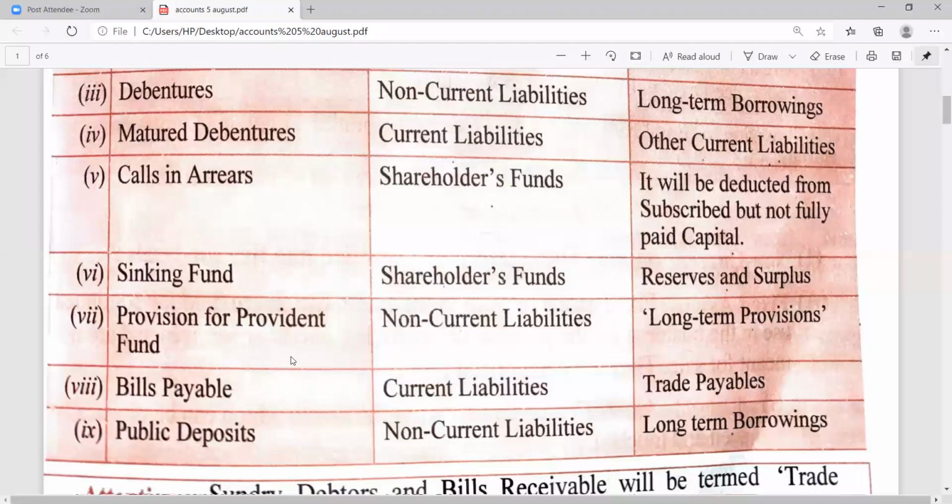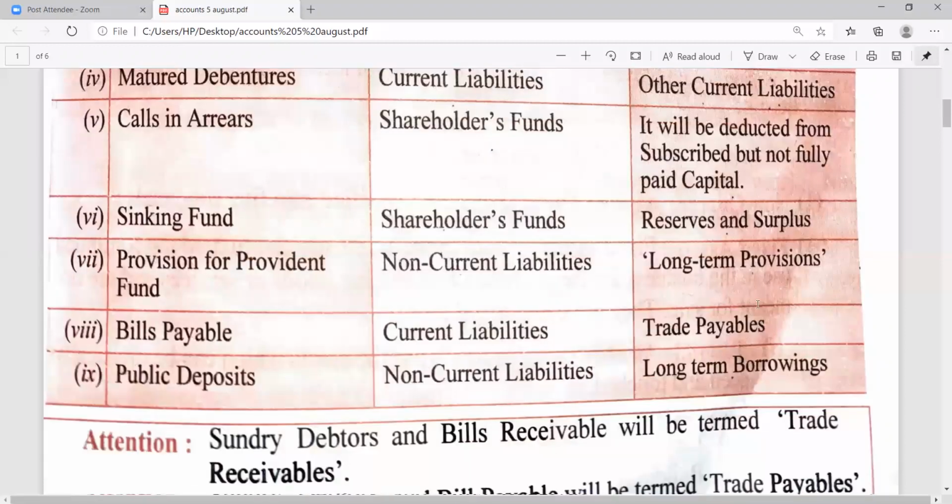Provident fund. Provision for provident fund. Provision is a non-current liability for the company and it is shown under the subheading of long-term provisions. Bills payable. Everybody is well aware that it is a current liability of the business and it is given under the subheading of trade payables. Public deposit is a non-current liability under the subheading of long-term borrowings.